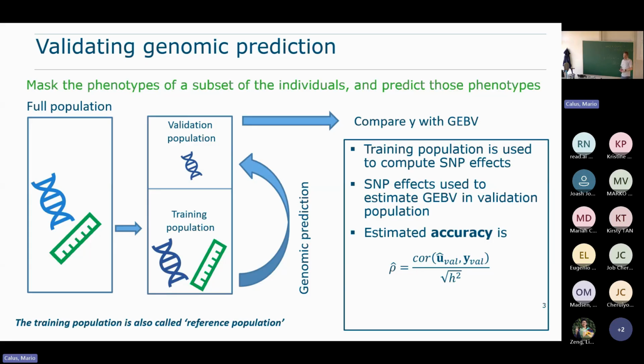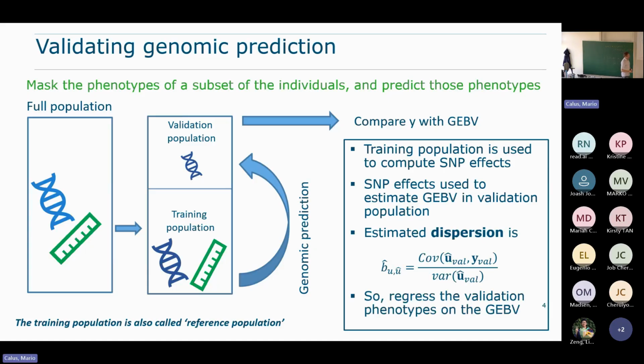That is not the same as correlating them to the true breeding value, right? These phenotypes hold more variance than true breeding values would. And to correct for that, we would divide by the square root of the heritability of the trait, and that should bring them to the scale of accuracies of breeding values. That's what the theory tells.